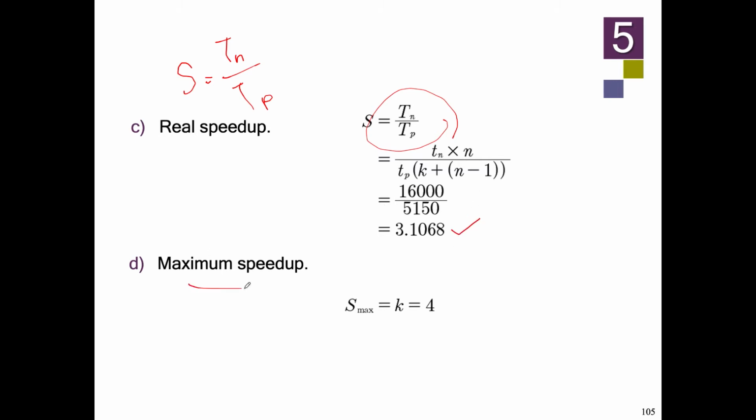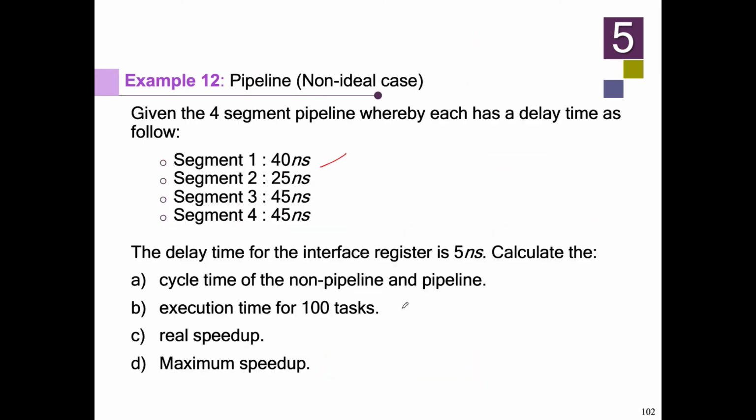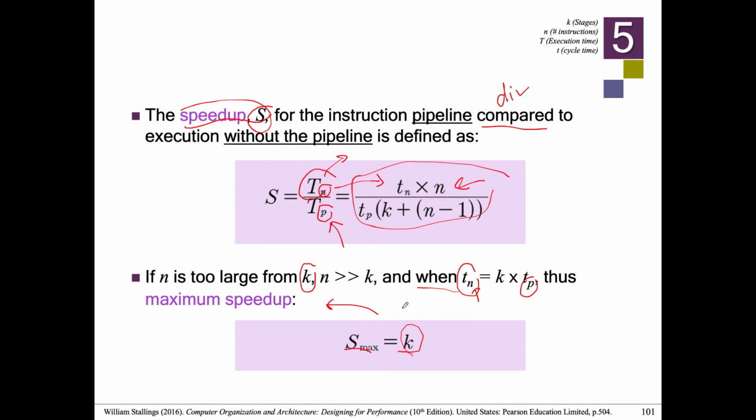And how about the maximum speedup? The answer is 4 over here, because you need to check the value of k. Go back to the previous equation.